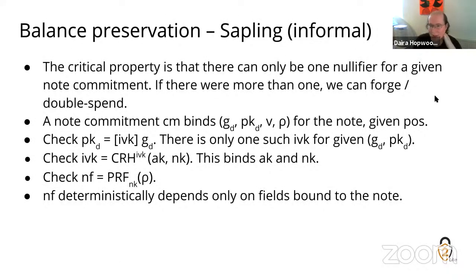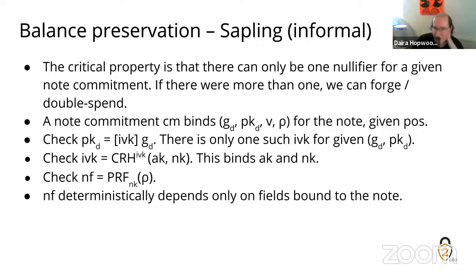So let's actually informally give the security argument for balance preservation. I'm going into a lot of detail here, so I hope people are following along. For balance preservation, you need there to be only one nullifier for a given note commitment, because if you could have more than one nullifier, then a double spend wouldn't be detected. So we have this note commitment that binds these fields of the note.